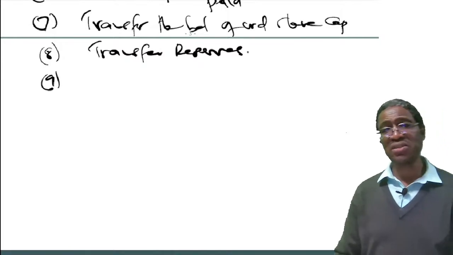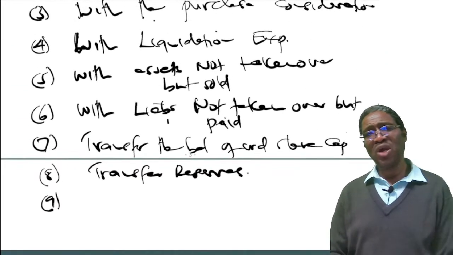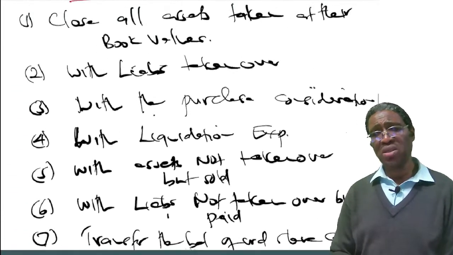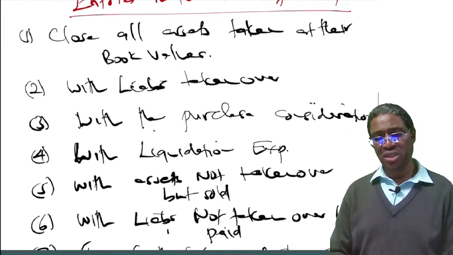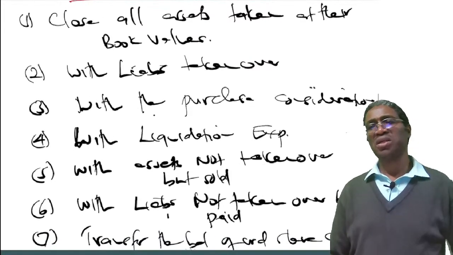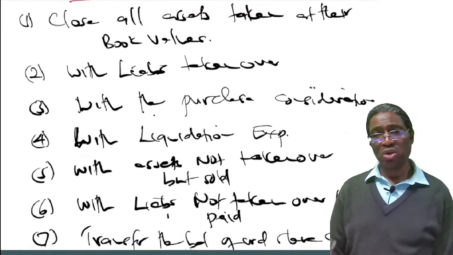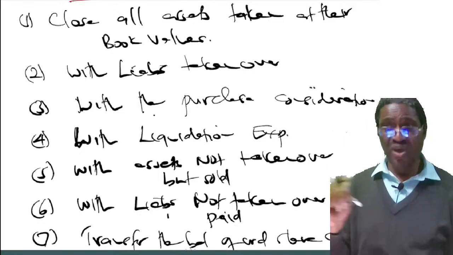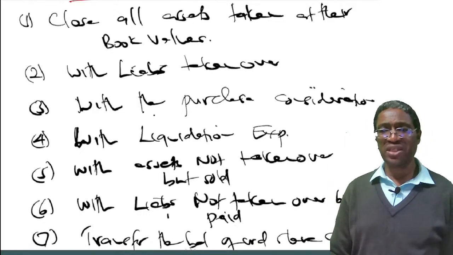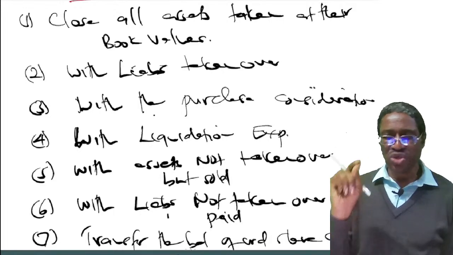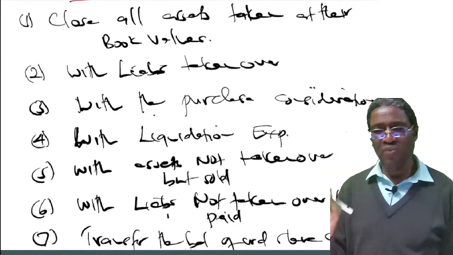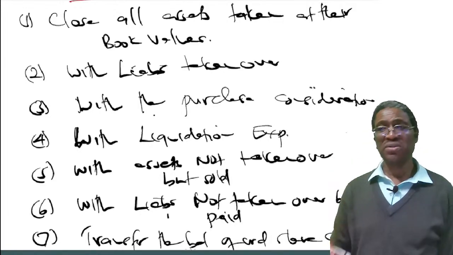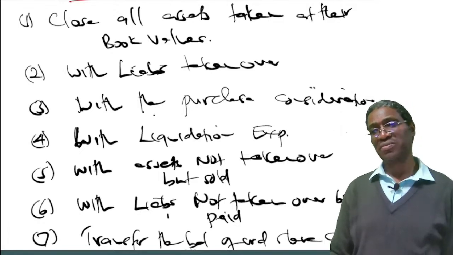Now, listen. For number 9, I want to take you back to number 1 and number 5. Number 1, I told you, close all assets taken over. Number 5, I said, deal with assets not taken over but sold by you, A Limited.